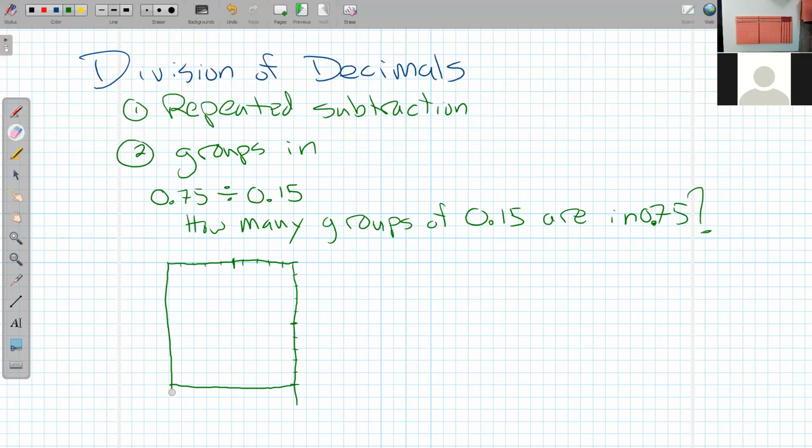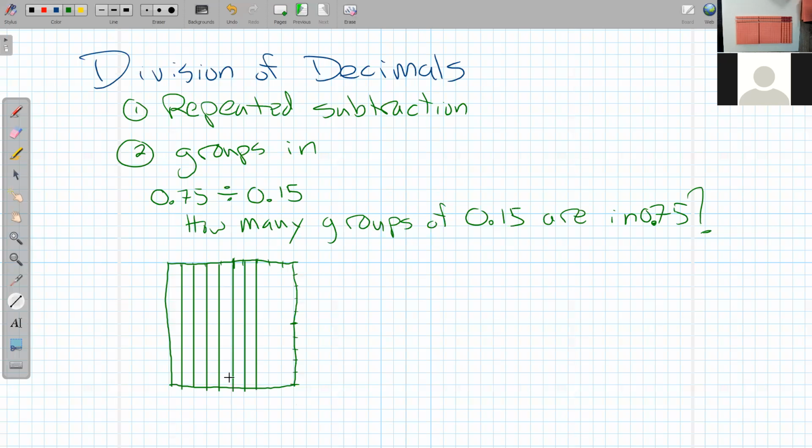If you don't have graph paper, you might want to get a ruler for some of this, or get some graph paper. And so then I'm going to split this into tenths. I think it's probably safer to use my line tool here. I guess with graph paper, this might be a little overkill.